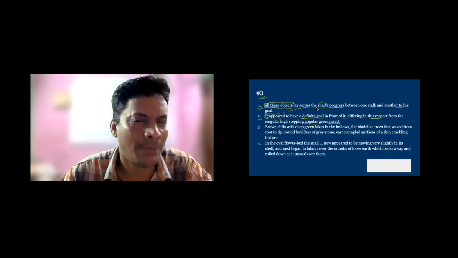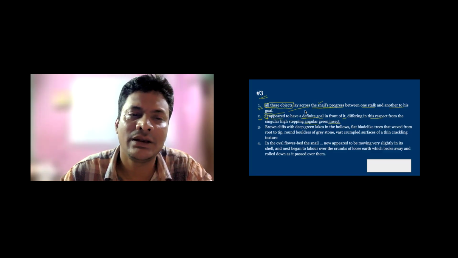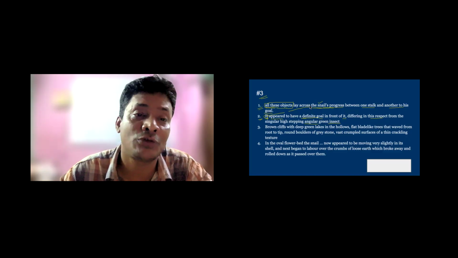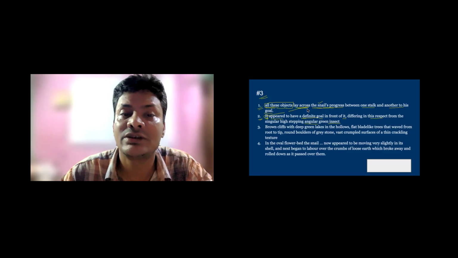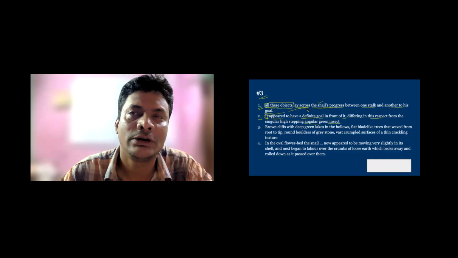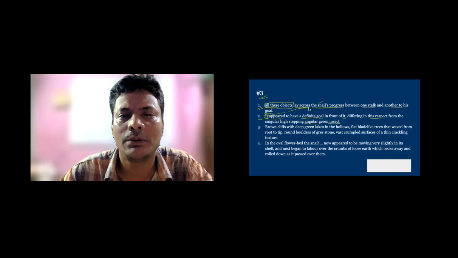Describing the snail, right? The snail's progress. And the writer must have talked about so many objects, right, that lay across. The phrase lay across indicates the objects that came across the snail's path, right?